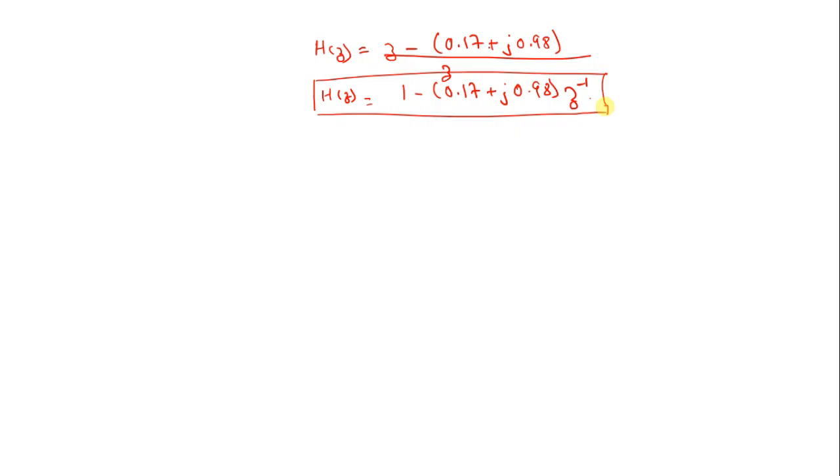Now if I ask you to find out the amplitude response and the phase response, how will you find it? The first and foremost thing is that you have to put something over here. What is that? e to the power j omega. So first it should be 1 minus 0.17 plus j 0.98 times e to the power minus j omega. Okay.